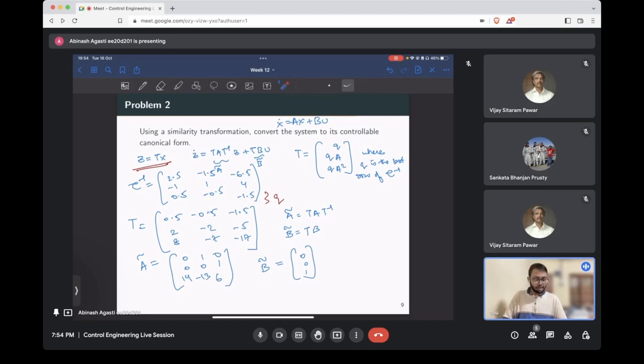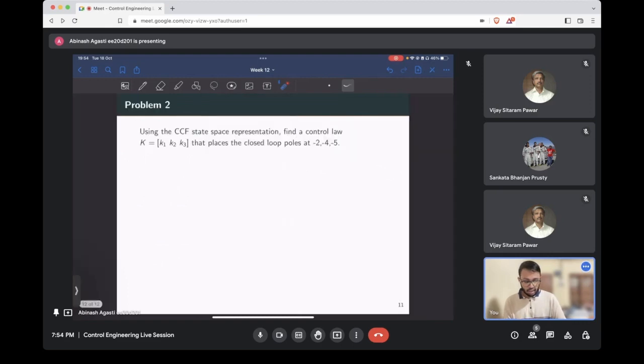Alright, so this is how you do it. Then, using the controllable canonical form state space representation, find a control law K that places the closed loop poles at -2, -4 and -5.